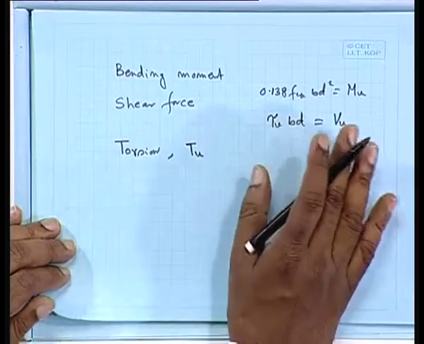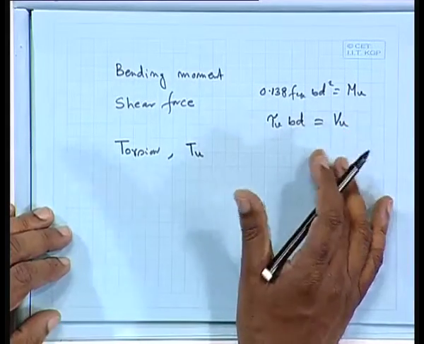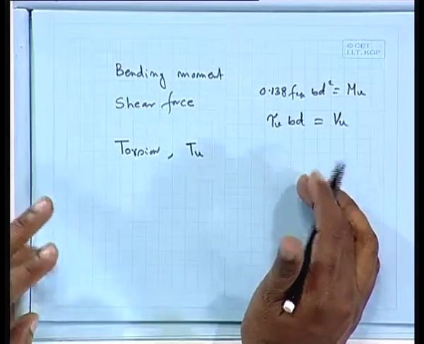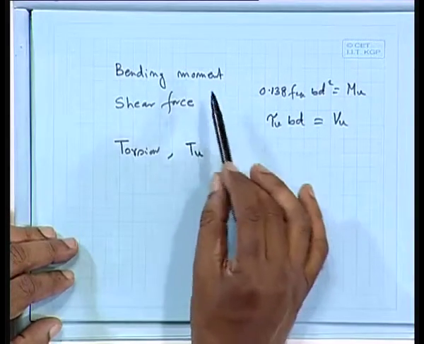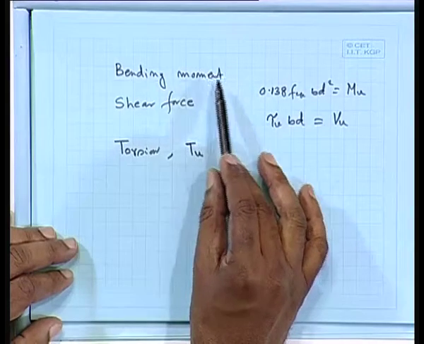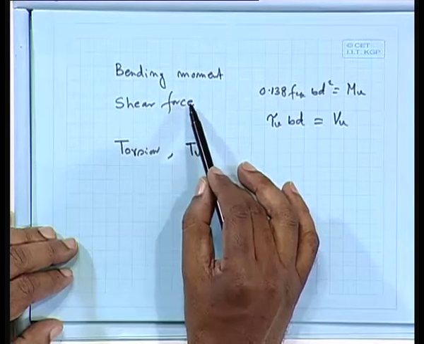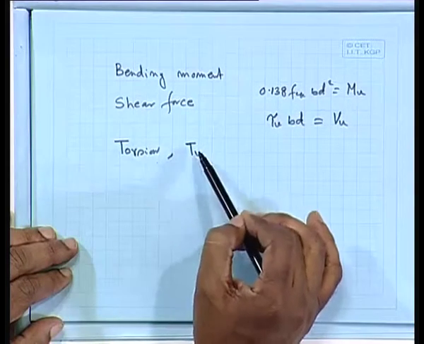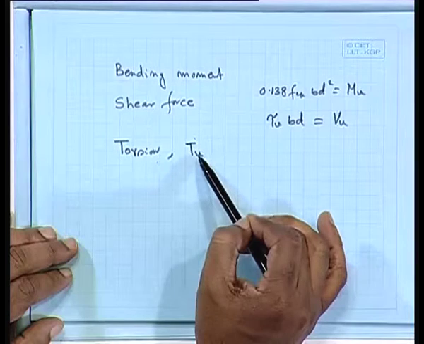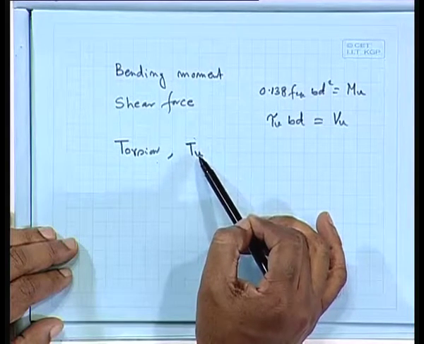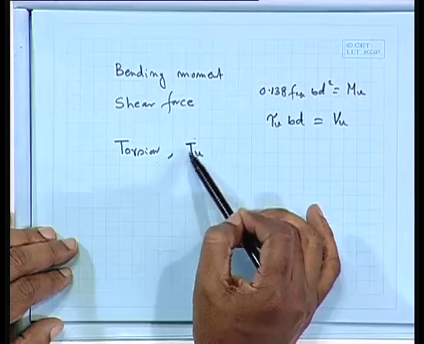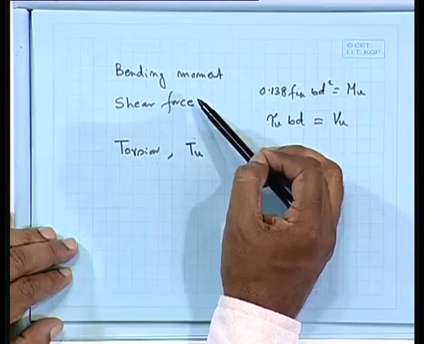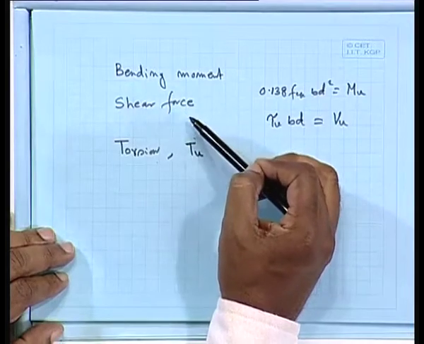There is no such formula from which we can directly get d, because here three things are applied: one is bending moment, another is shear force, another is torsion. So we shall find how Tu is applicable, what the equivalent is for bending moment as well as for shear force.